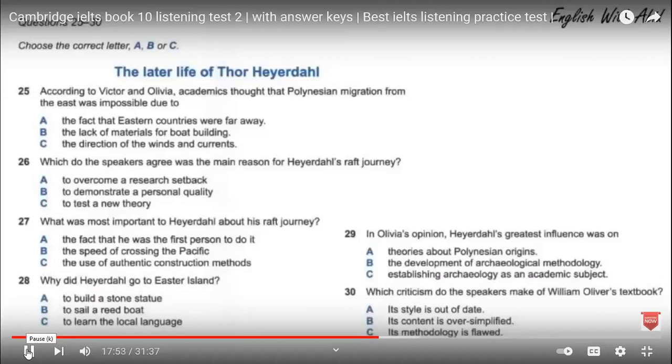Well, it took them 97 days from South America to the Pacific Islands. And after that, Heyerdahl went to Easter Island, didn't he? We should mention the purpose of that trip. I think he sailed there in a boat made out of reeds. No, that was later on in Egypt, Olivia. Oh, yes, that's right.